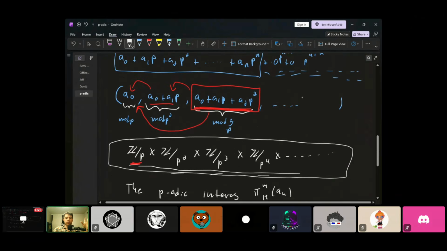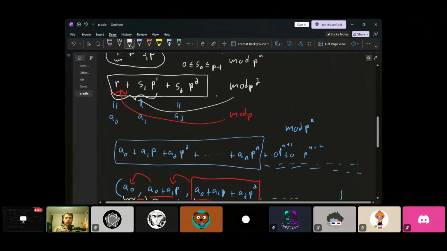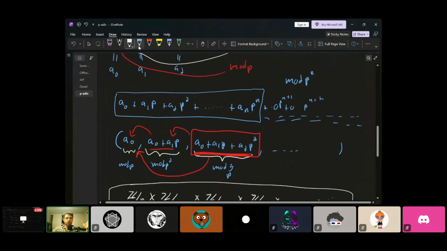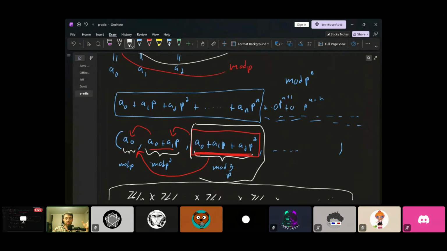All it is is trying to capture this idea that we saw, where if I took my entry in the mod p cubed case and reduced it mod p, I recovered the same thing as the entry in the mod p slot. Does that make some sense?